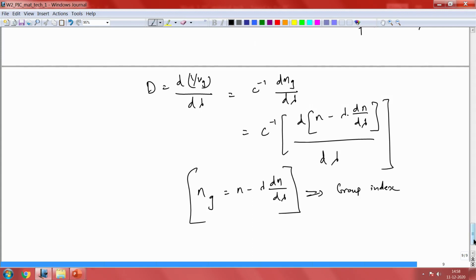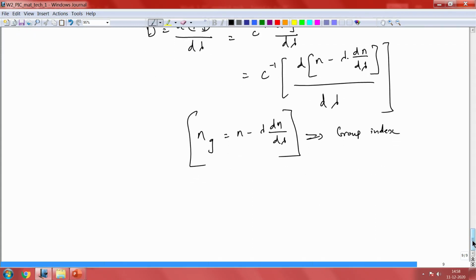So, we know the refractive index n, right. So, that is for a single frequency, and now we have a group of frequencies, and this group of frequencies will feel a slightly different refractive index compared to a single frequency wave, right, and that is the reason we represent this as a group index. And the group velocity is nothing but c over ng. All right.